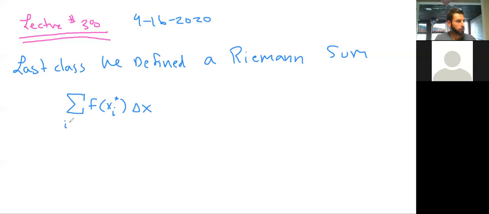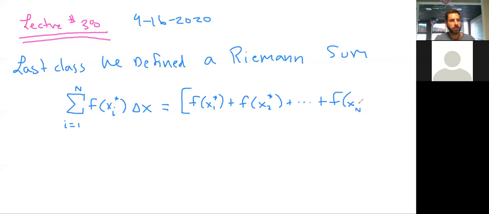I am not going to write this all down again, but basically this is shorthand for the following sum. This Greek letter sigma tells us to add up these terms. It takes some practice getting used to this thing. So that is what a Riemann sum looks like.